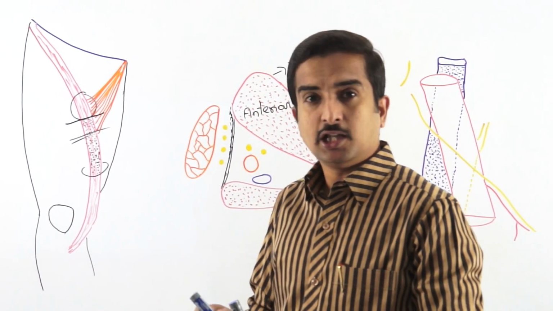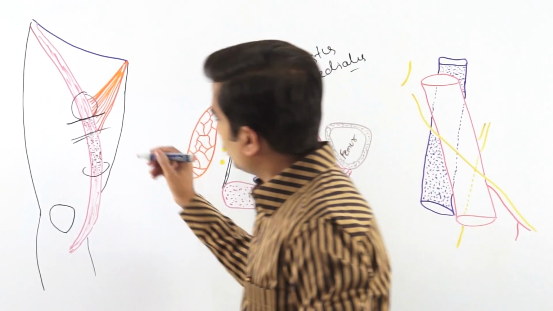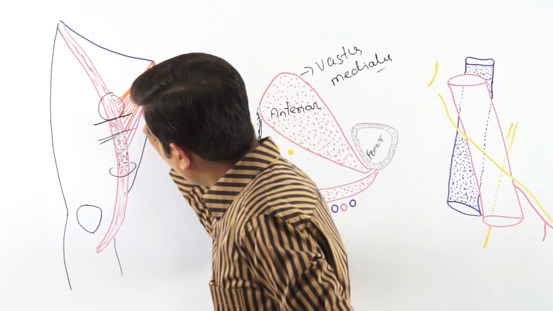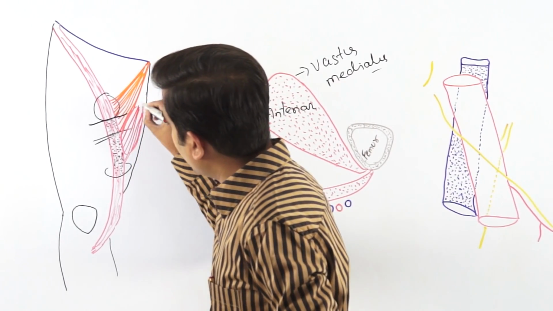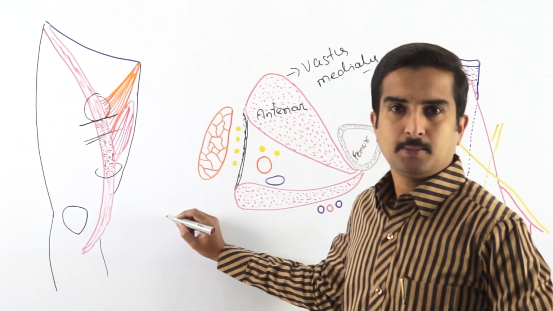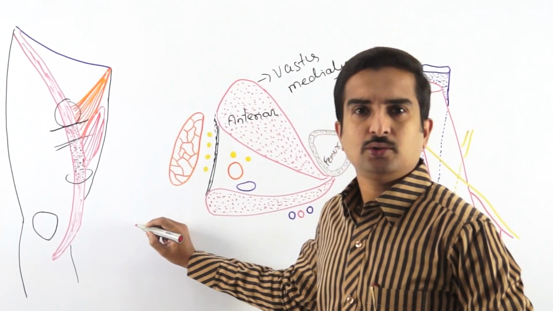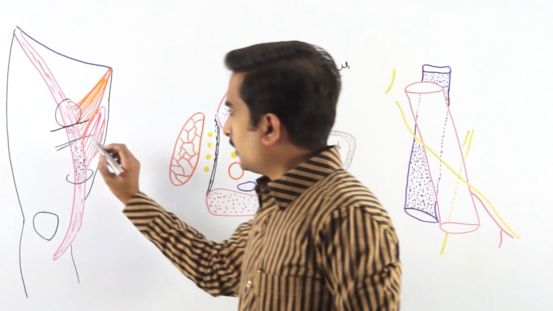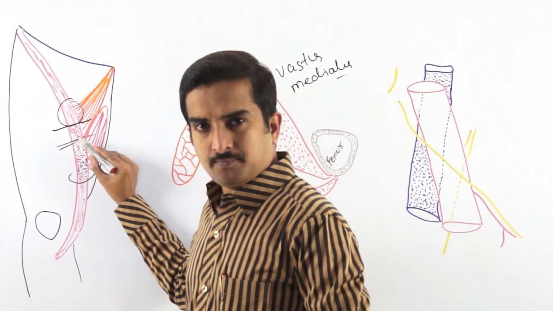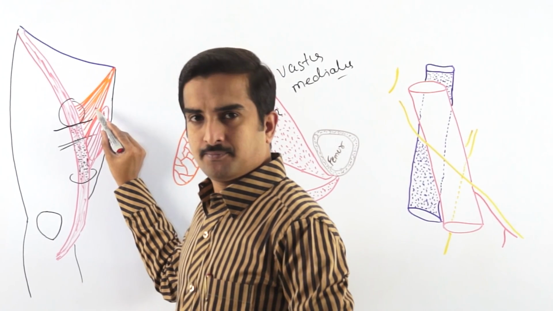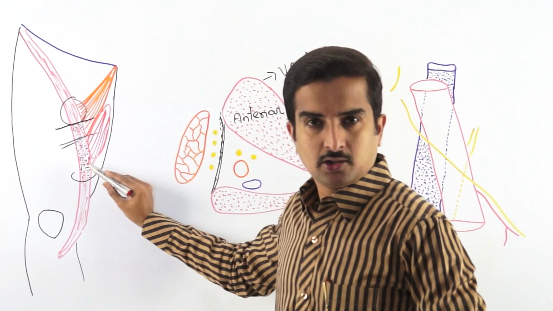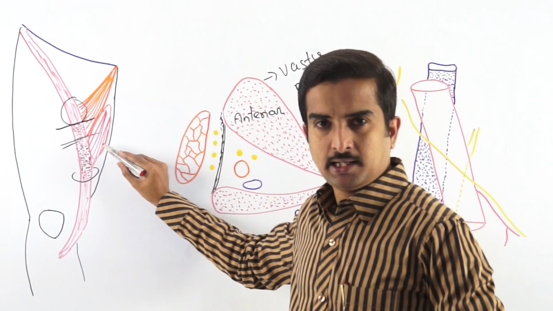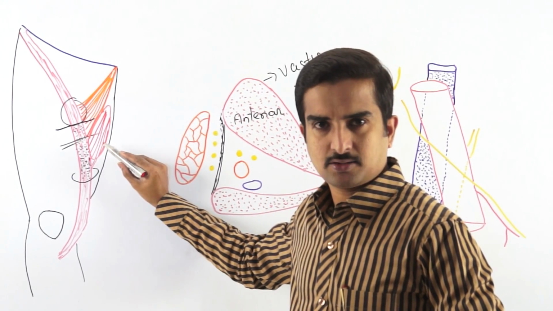But if you see in the lower part of the canal, there is another muscle which passes behind the canal. This muscle is called the adductor magnus. So that is the reason in the upper part of the canal, the floor is formed by the adductor longus, and in the lower part of the canal, the floor is formed by the adductor magnus, right?